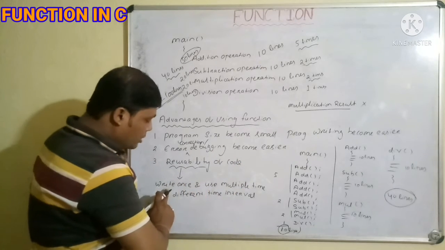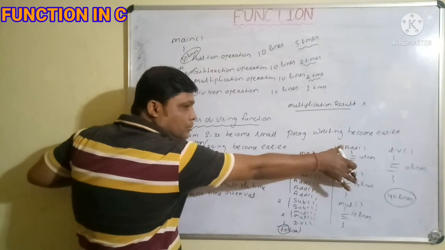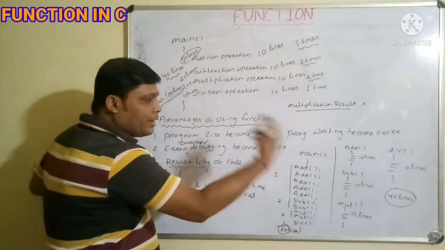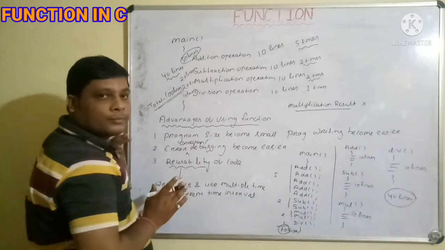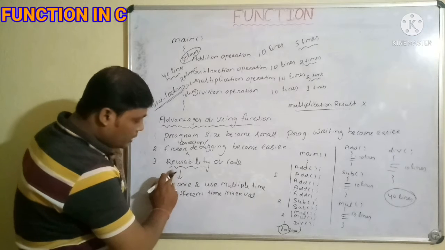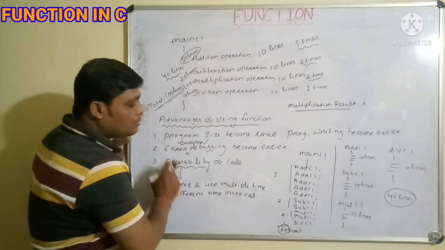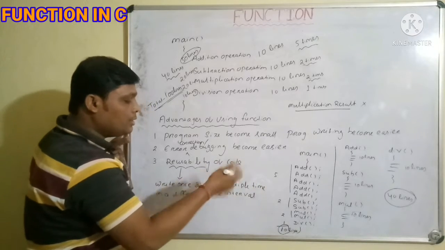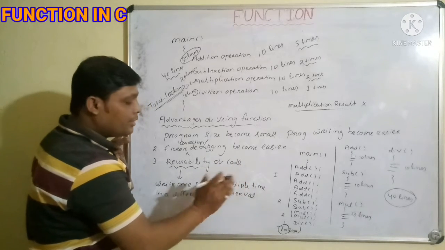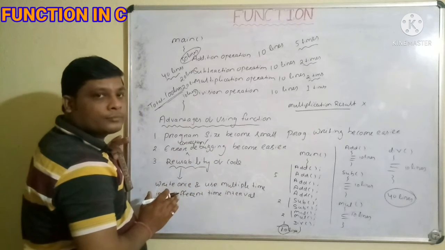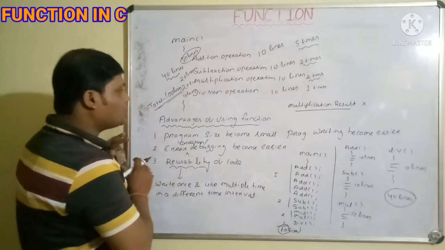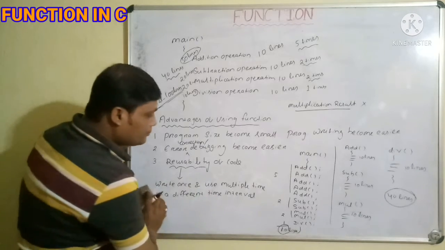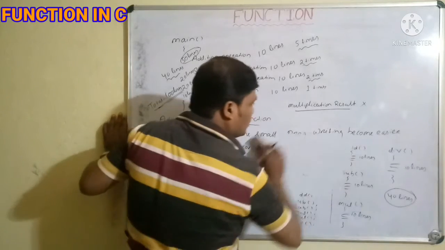I will write this function part only once and call it again and again at different time intervals. This is the most important advantage of using function: reusability of code. Write once and reuse again and again. Clear? Now see a small example.